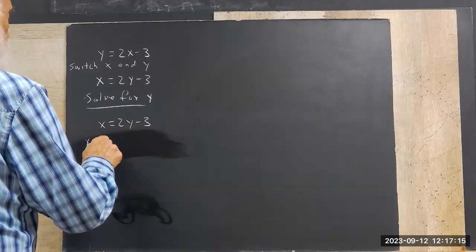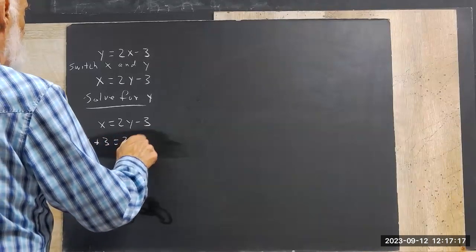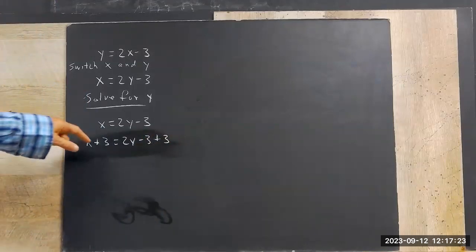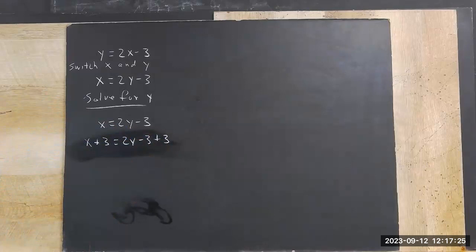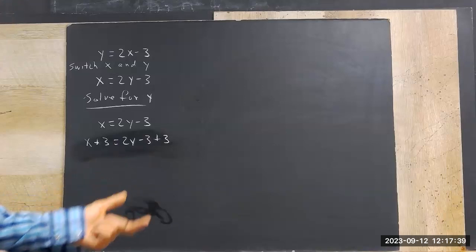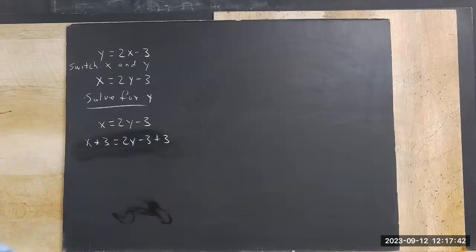We'll do that with x plus 3 equals 2y minus 3 plus 3. So we just attach a plus 3 on both sides. Now, people were writing x and a 3 here and getting a 3x. You can't solve linear equations that way. So I want to see you write it out like this. So you get x plus 3 and not 3x there, because I think at least half the class got a 3x there.